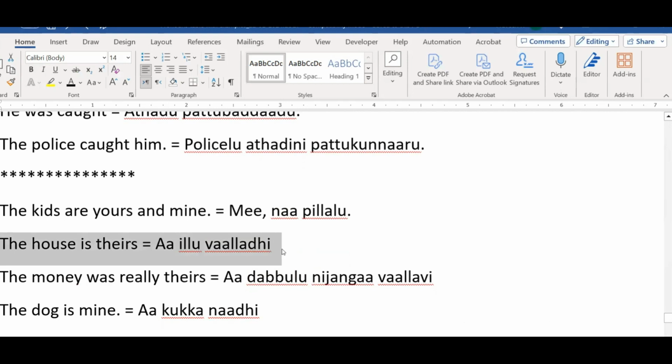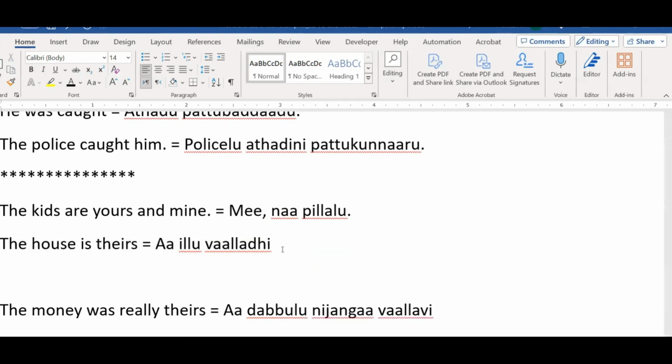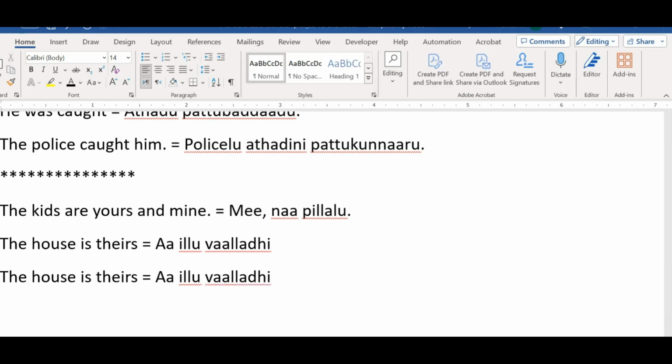I want to compare in the same area. The house is mine. The house is theirs. That is their house.